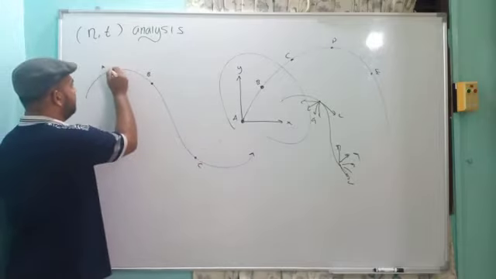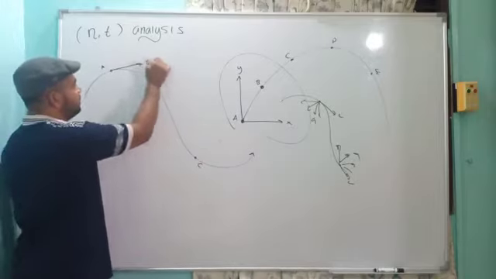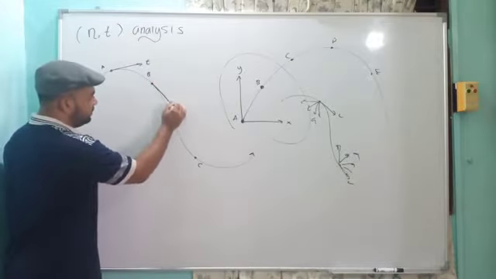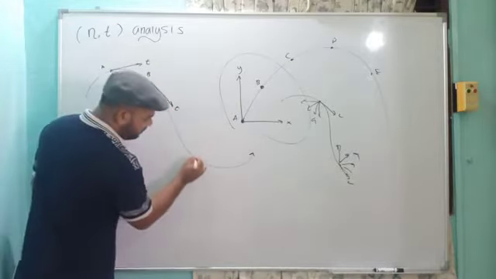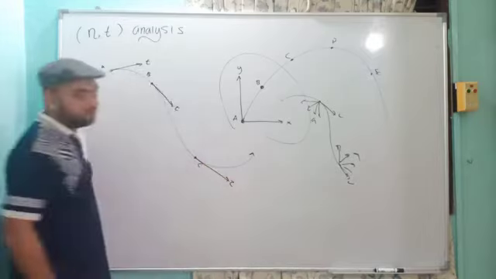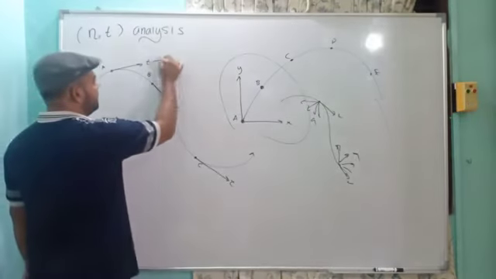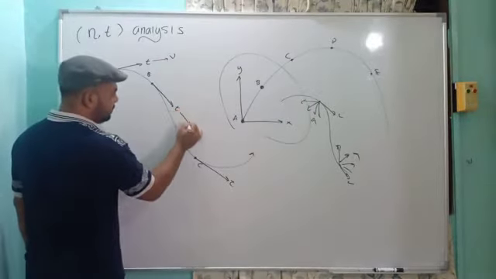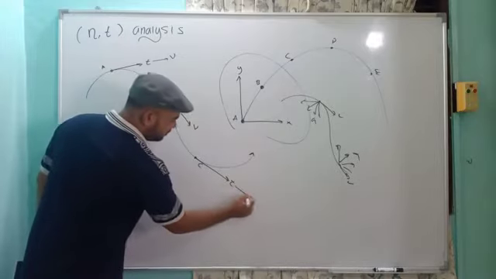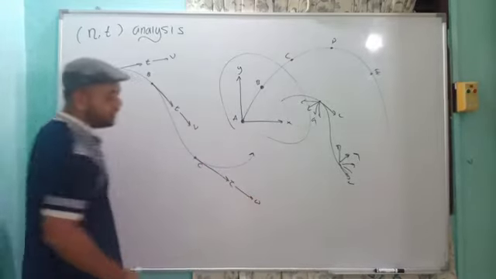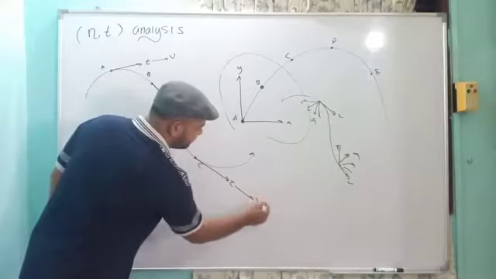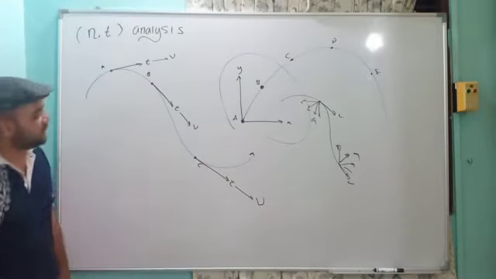At this point, this is your t, tangent to the curve, in the same direction and on the same line as the velocity. Okay, this is for t.